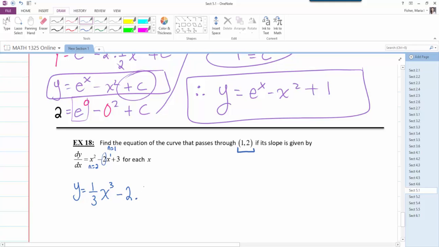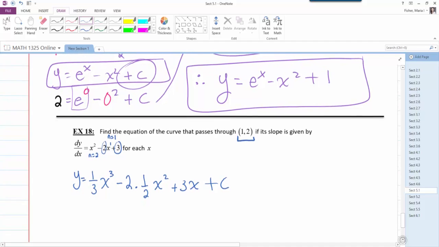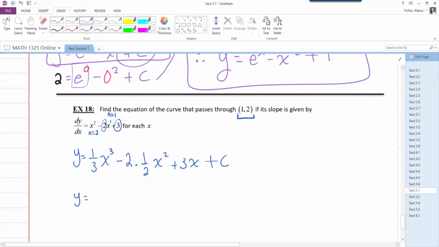So that's times 1 over 2 x squared plus, well, 3 is just a constant, so remember the integral of a constant is that constant times x. And don't forget your plus C. So clean this up before we solve for C. So y would equal 1/3 x cubed. Here my 2's cancel, so it's just minus x squared plus 3x plus C.